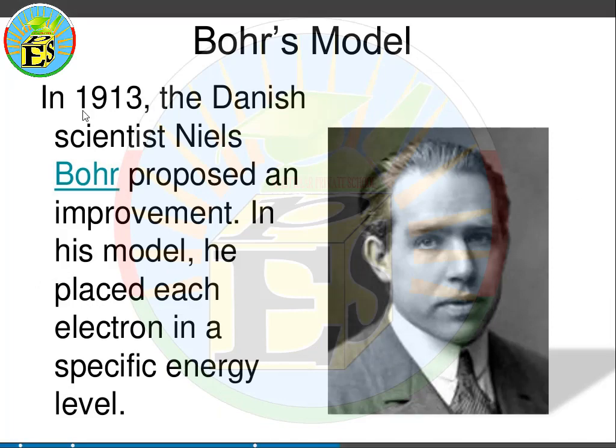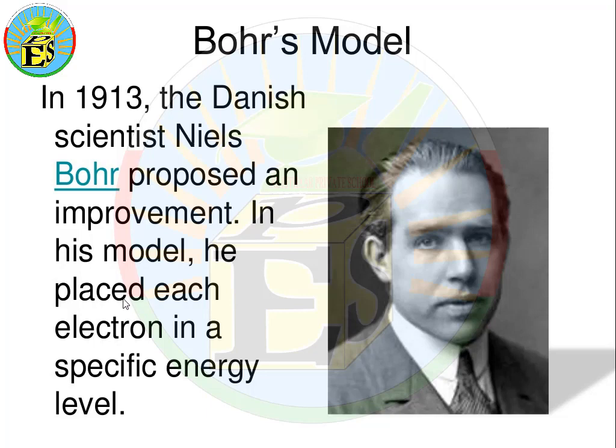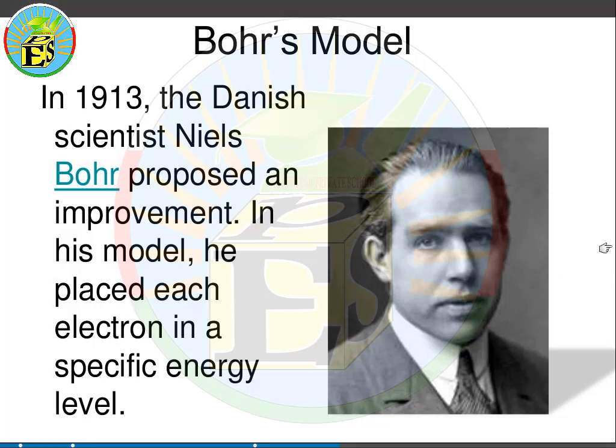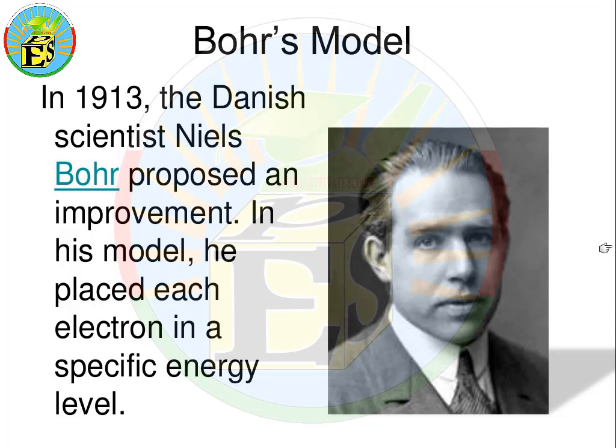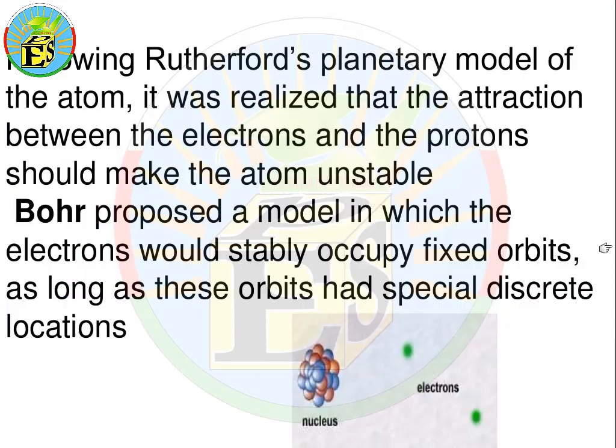Bohr model. In 1913, the Danish scientist Niels Bohr proposed an improvement to the model. He placed each electron in a specific energy level. Bohr corrected Rutherford's model; he said electrons move in a specific energy level and just change their level from down to up or from up to down.